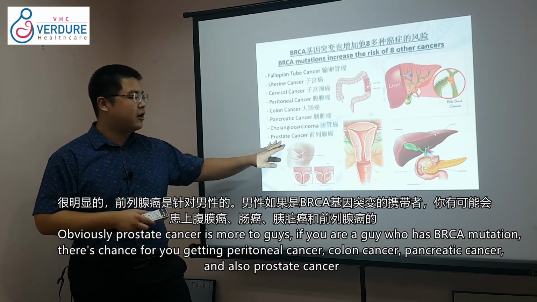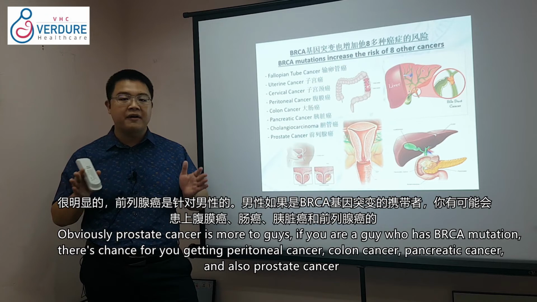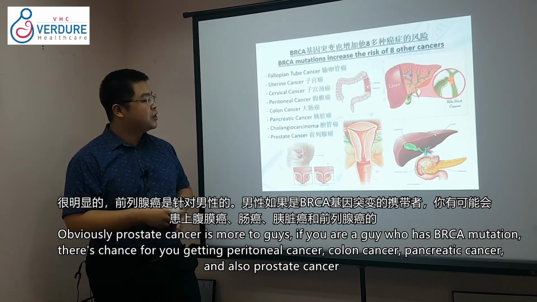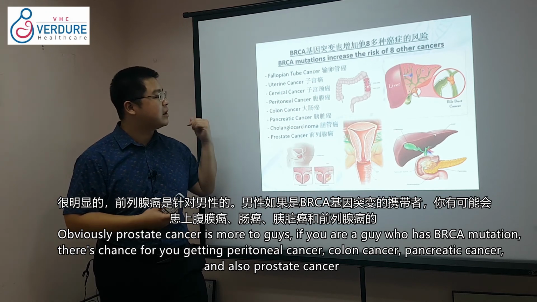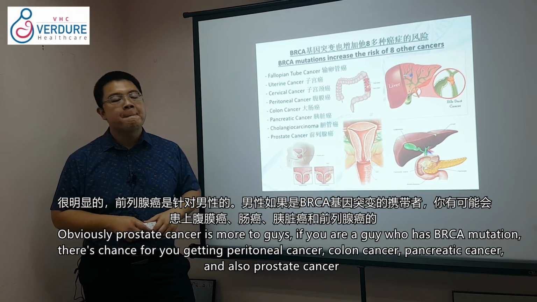Obviously prostate cancer is more for guys. So imagine if you are a guy who has this BRCA mutation, there is a chance of you getting peritoneal cancer, colon cancer, pancreatic cancer, and also prostate cancer.